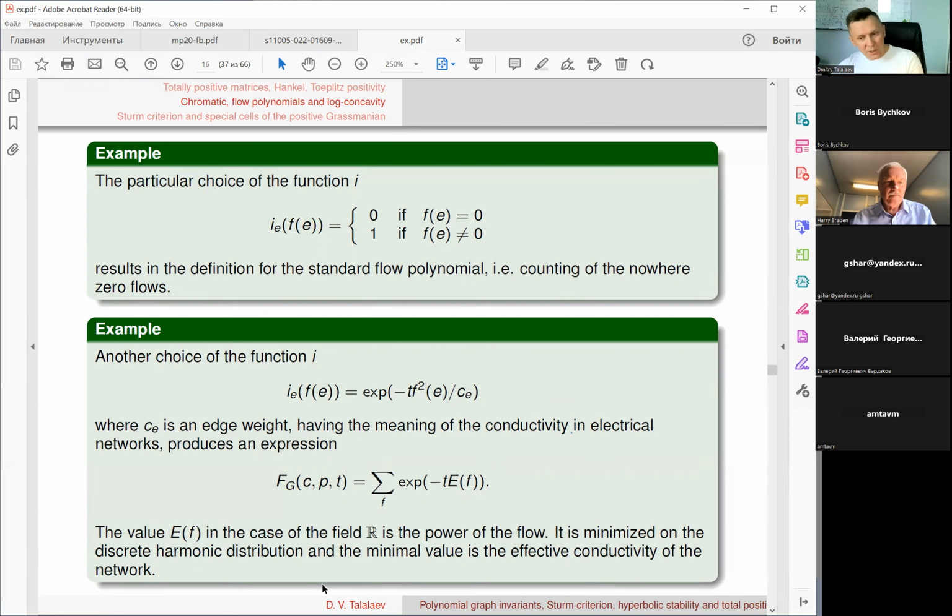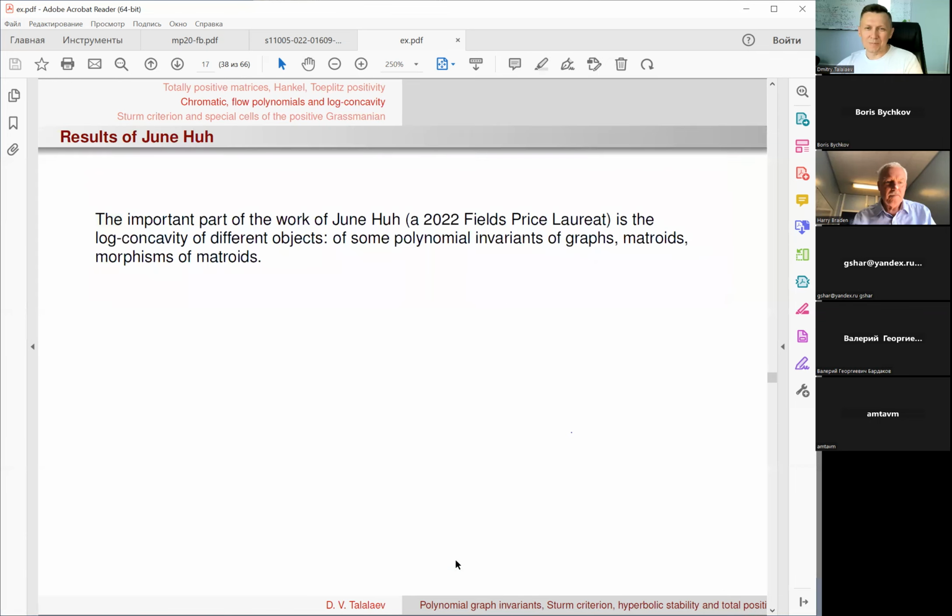The relation with real electrical networks is that the flow distribution for an electrical network is the extreme of this functional. Okay, but it's a different, long and very interesting story.